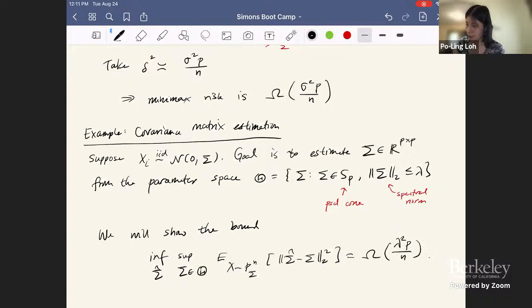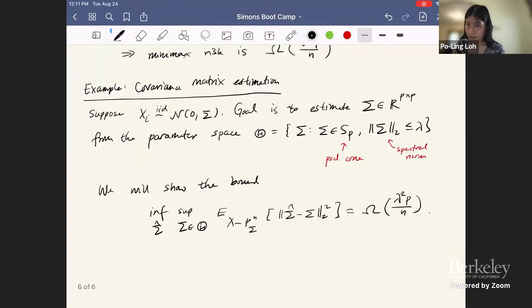Lambda, remember, is our bound on the spectral norm over the class. And a matching upper bound can be obtained using the sample covariance matrix, again using concentration inequalities.